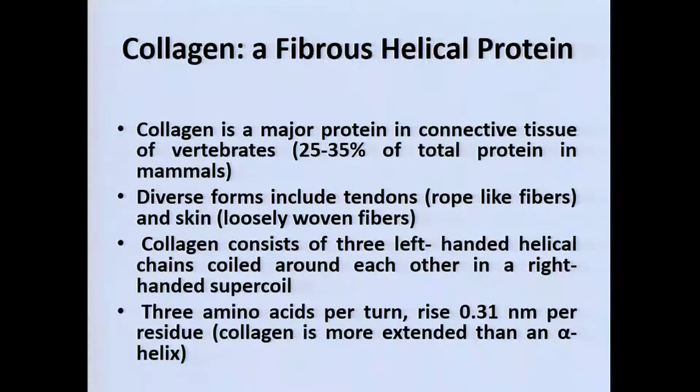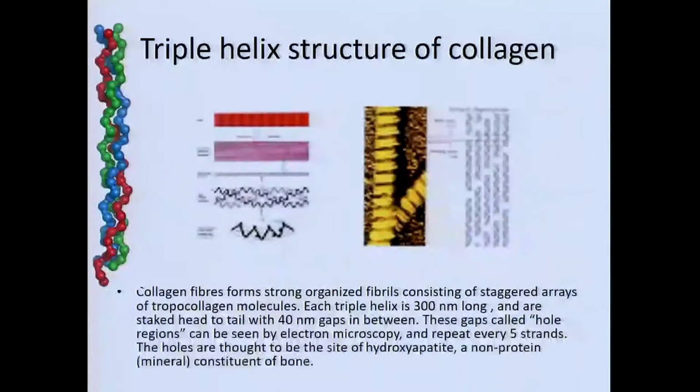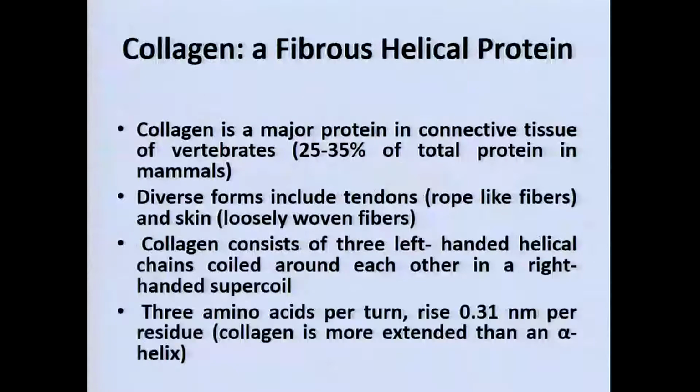So, collagen. This is again an example of a coiled coil. Okay, so collagen, we know, is one of the major proteins in the connective tissues in all the vertebrates, about 25 to 35% of all protein.